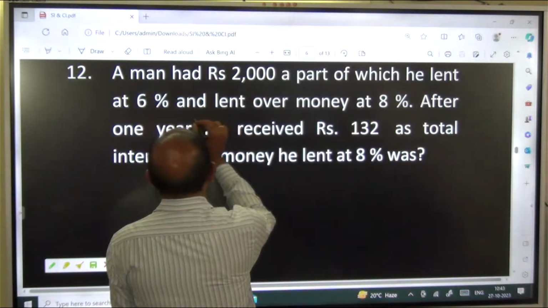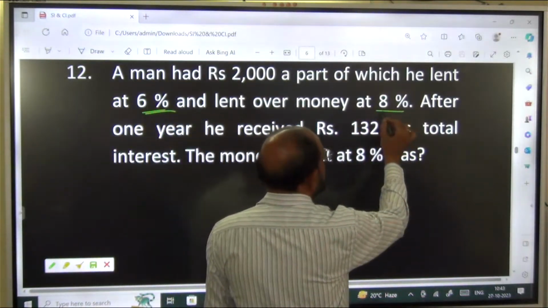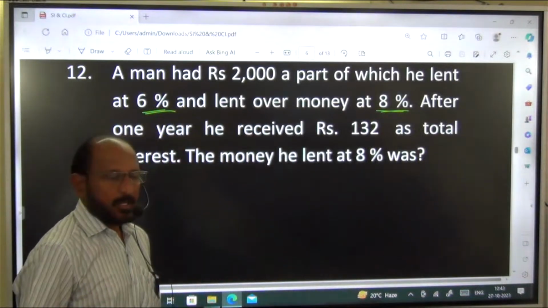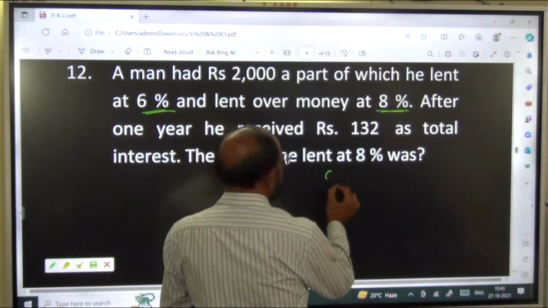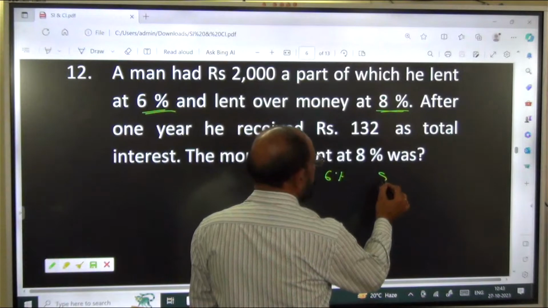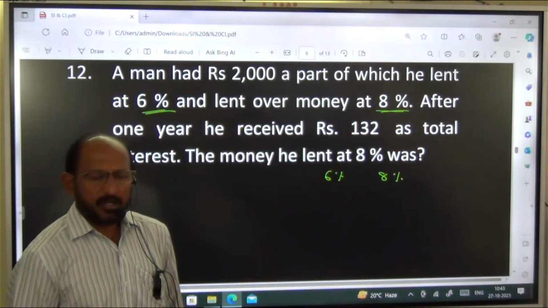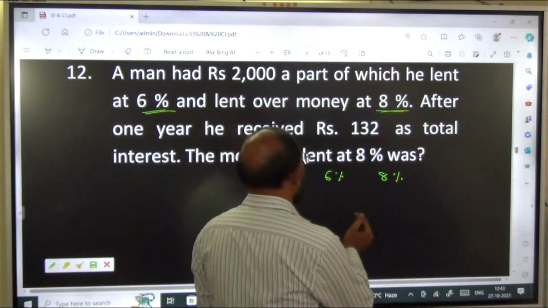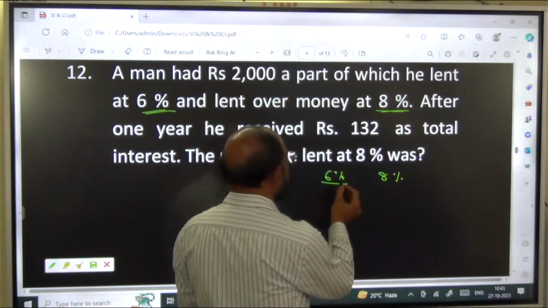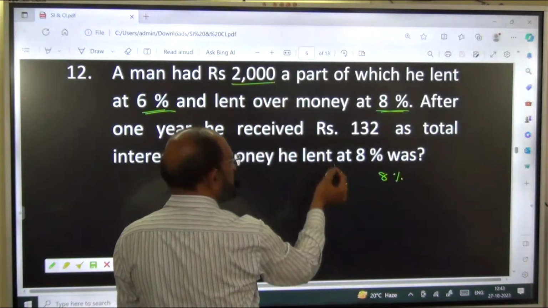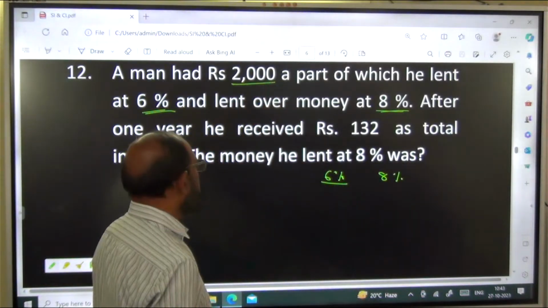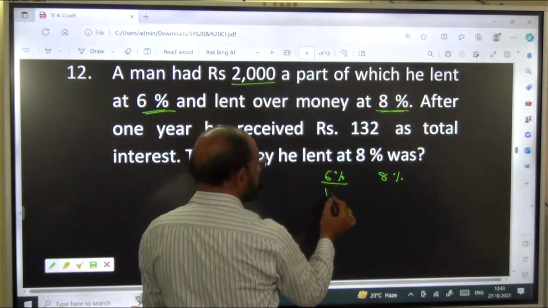Here, one is 6% and one is 8%. We don't know the parts, so we don't want X, Y, Z. If the total amount is taken at 6%, what interest will come? For 2,000 rupees at 6%, 6 twos are 12, so 120 rupees.